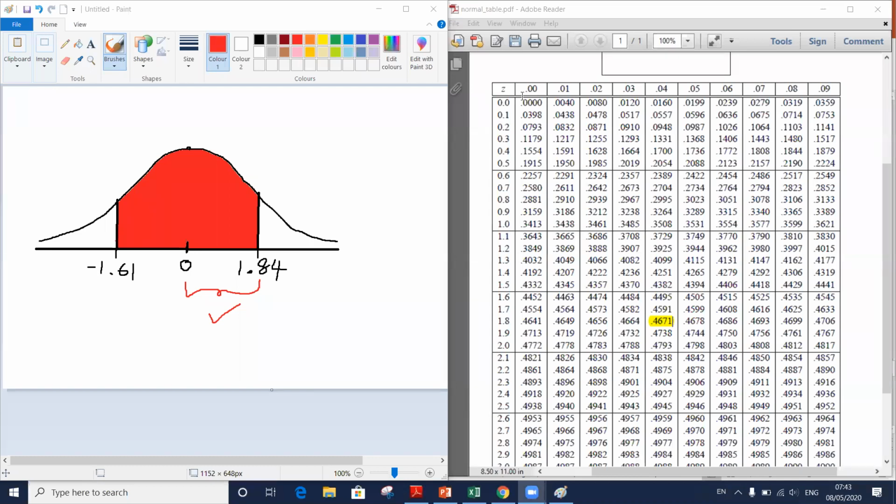So whatever the value is, we can find it using the Z table. For minus 1.61, since it does not differentiate, this could be plus or minus 1.61. The relevant probability value is 0.4463.